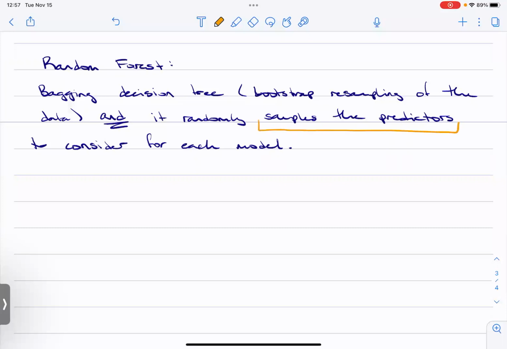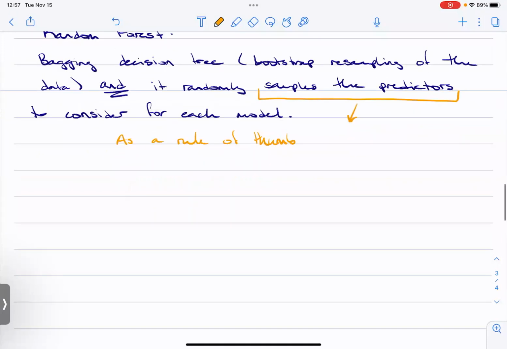So if we're sampling the predictors, how many predictors are we going to sample at each model? As a rule of thumb, the algorithm will sample the square root of p predictors.